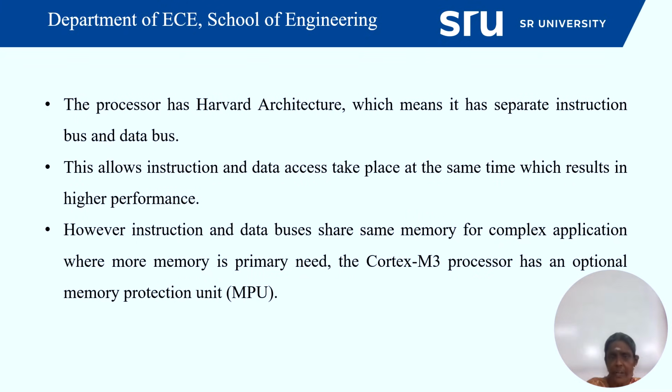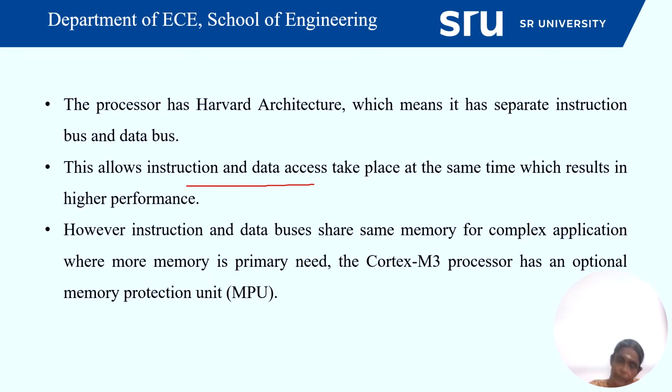The processor has Harvard architecture. Harvard architecture means we have separate buses for data and code. Code means a program or instruction. This allows instruction and data access to take place at the same time.